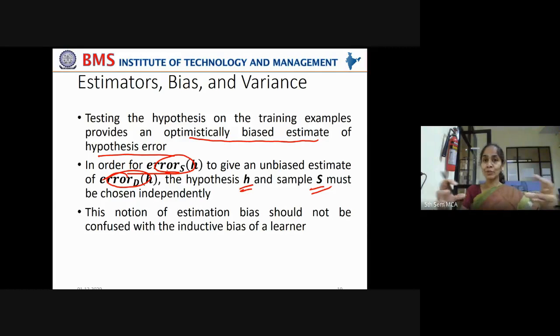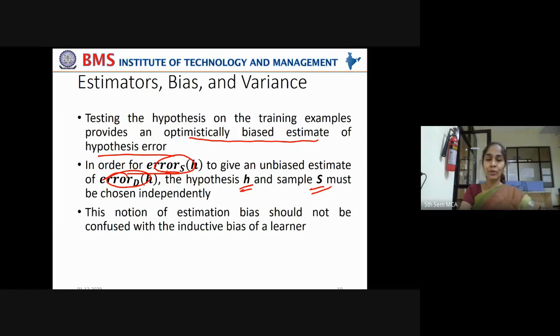Right? You should not cook up your data. You should not try to forcefully fit your sample with your hypothesis or hypothesis with your sample. They should be chosen independently in order for the sample error to give an unbiased, almost near estimate of the true error.